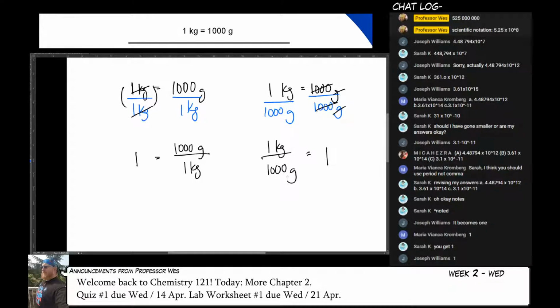And now what I have shown here is that these two things equal 1. So what must be true about the two things? What relationship do these two things have?